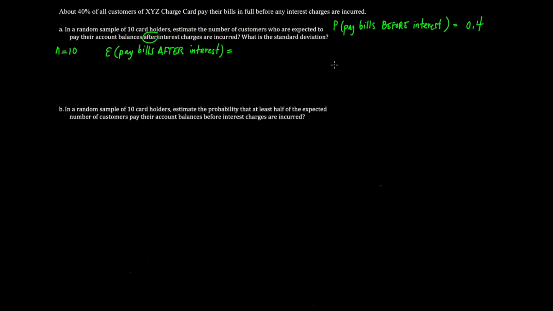To obtain the probability of people that pay bills after interest, it's simply the complement. So 1 minus 0.4, and that equals 0.6, right?